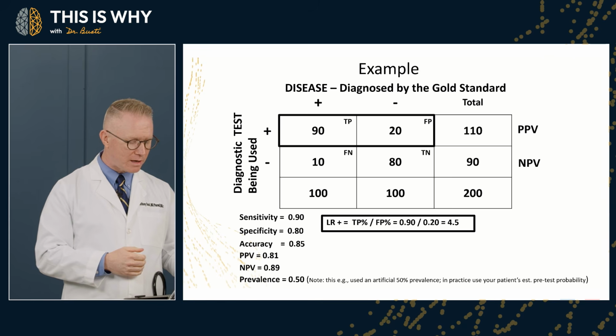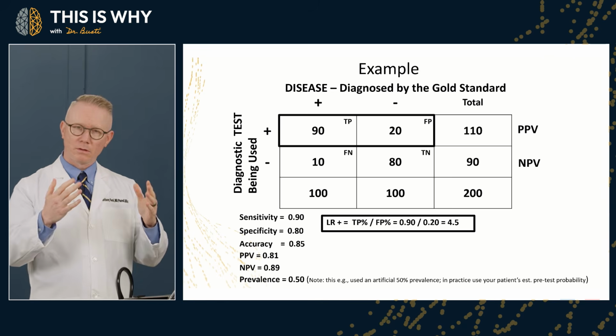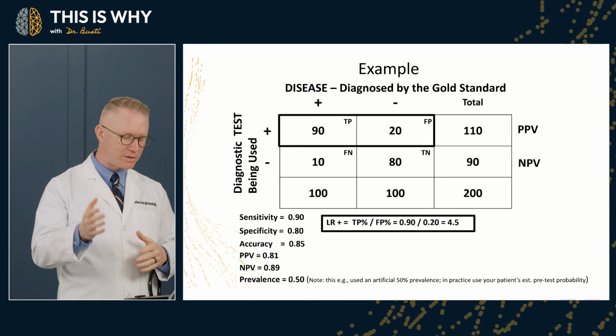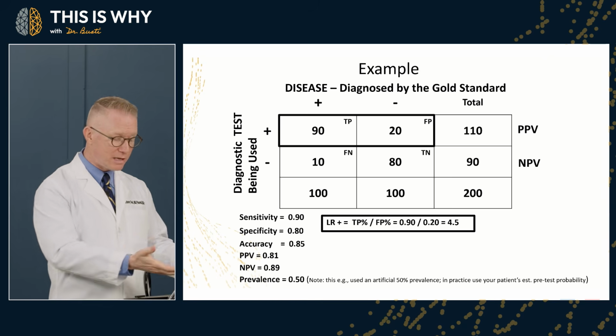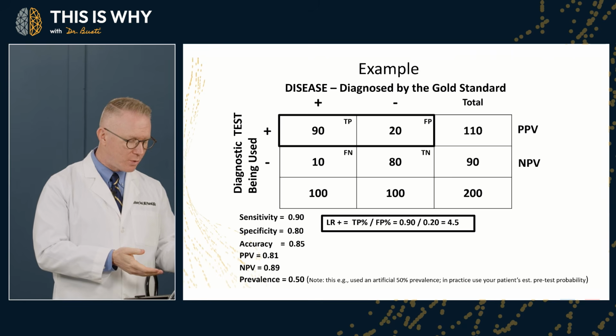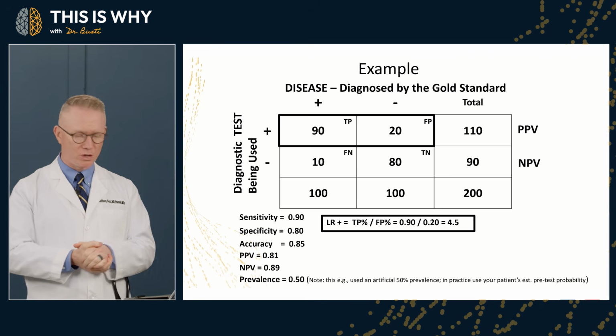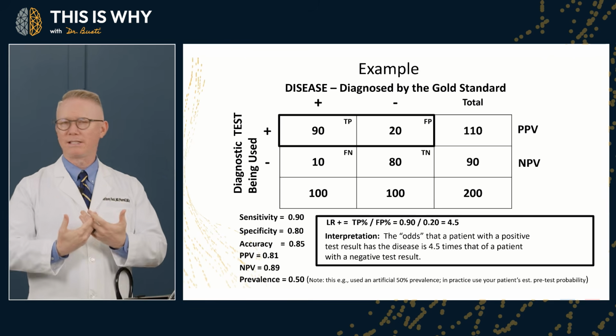So when you go back and consider the likelihood ratio formula, those true positives divided by the false positive rate, you just get that from your 2 by 2. So you see the math here, it's 0.9 divided by 0.2, that gives us 4.5. And so what does that mean?